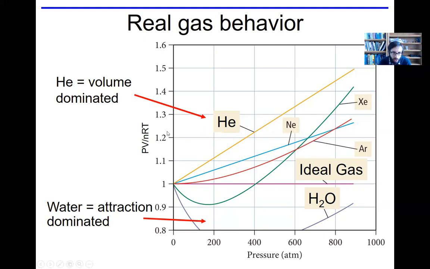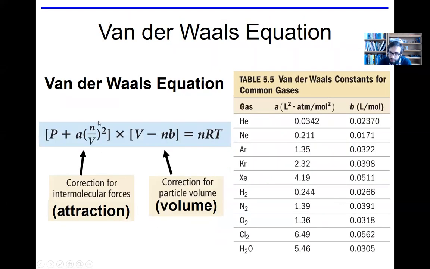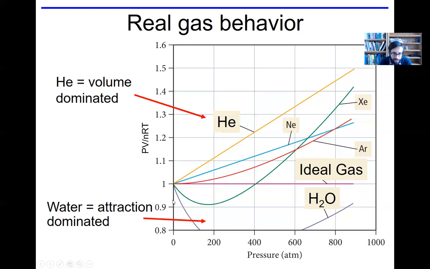You can see here we have values that are greater than 1.3. Now, for the ones with these curves, that's coming from the squared portion of this function. And so these are attraction dominated. And you can see for water, it's really attraction dominated. Water has very strong intermolecular forces because of hydrogen bonding. And so you get this very strong quadratic relationship here, okay?